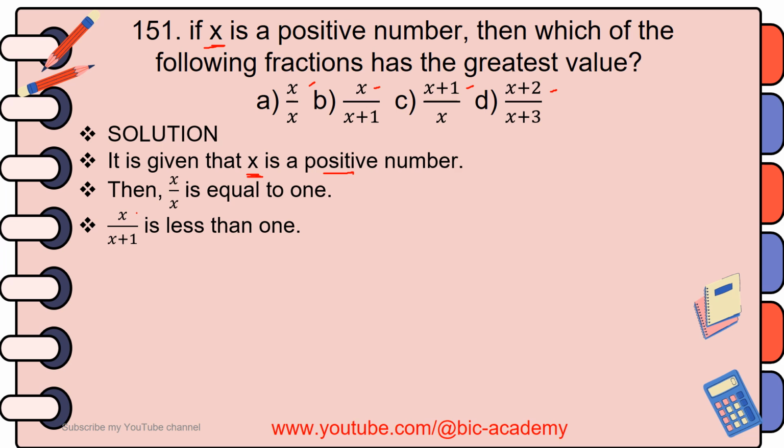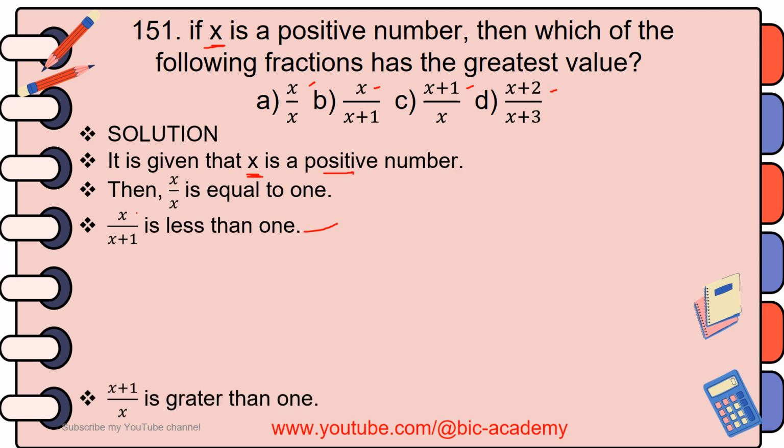The denominator exceeds the numerator by 1 always. So x over x plus 1 is always less than 1.